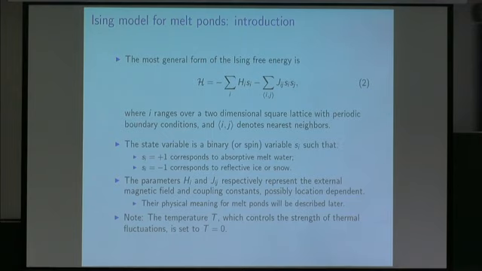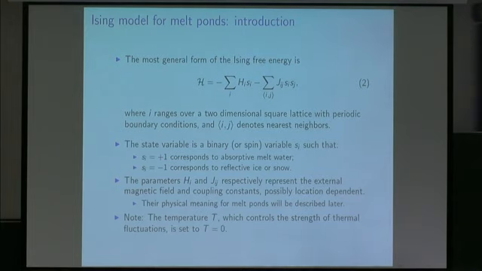And for melt ponds, we identify these spin variables as corresponding to meltwater or ice, depending on whether it's positive or negative. So these parameters, H and J, represent space-dependent magnetic field and coupling constants. You may ask what they mean. Well, we will talk about their physical meaning in a few slides' time.